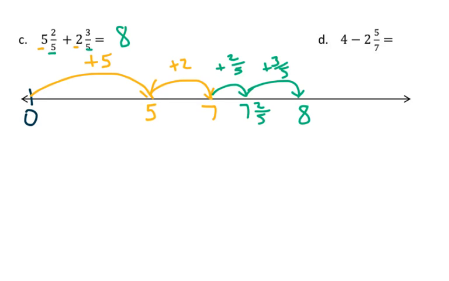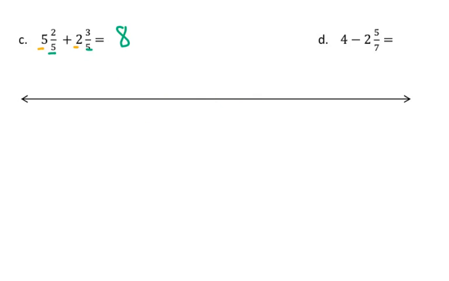So now let's look at D, and D is an example of a subtraction problem. So let's get a new number line. So here's our number line, and I'm going to start at the right end of the number line, and I know that I'm starting with the whole number 4. And now I'm going to be moving to the left on my number line here because I'm subtracting 2.